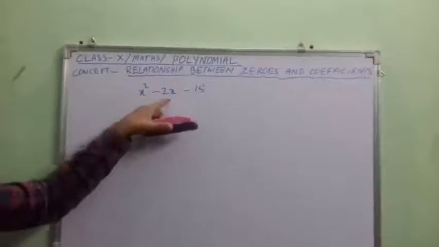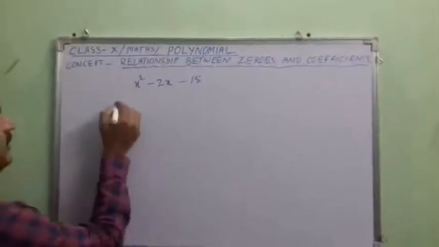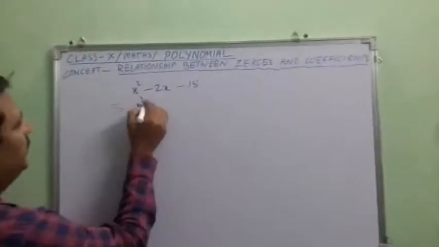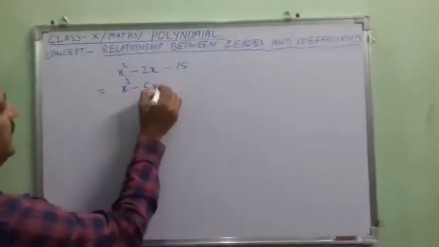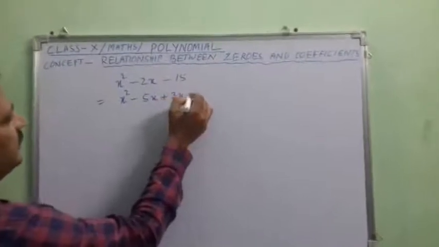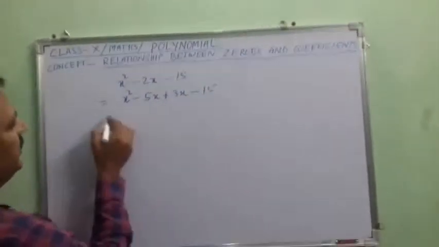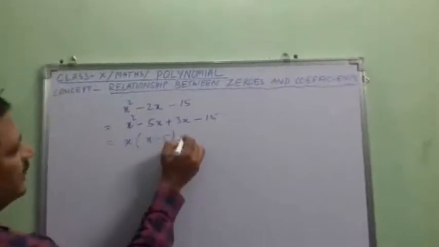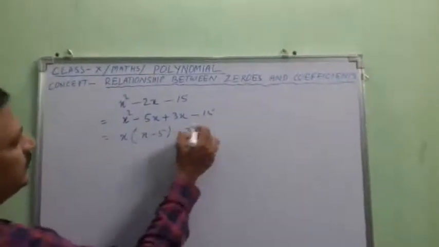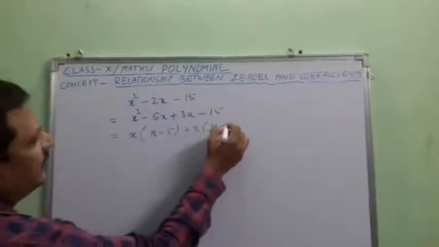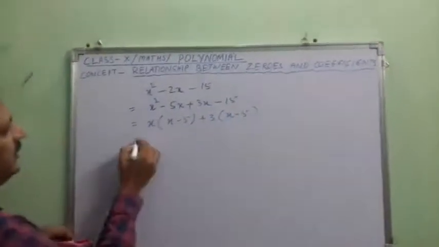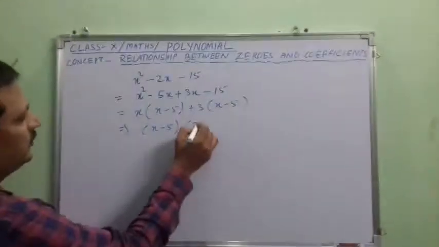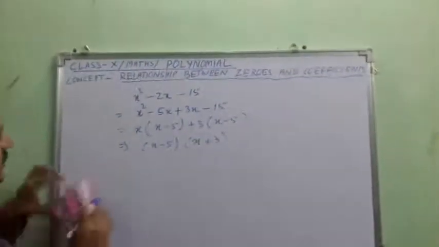x square minus 2x minus 15. If I factorize this one, I get x square minus 5x plus 3x minus 15. This gives you x into x minus 5 plus 3 into x minus 5, which implies x minus 5 into x plus 3, right?